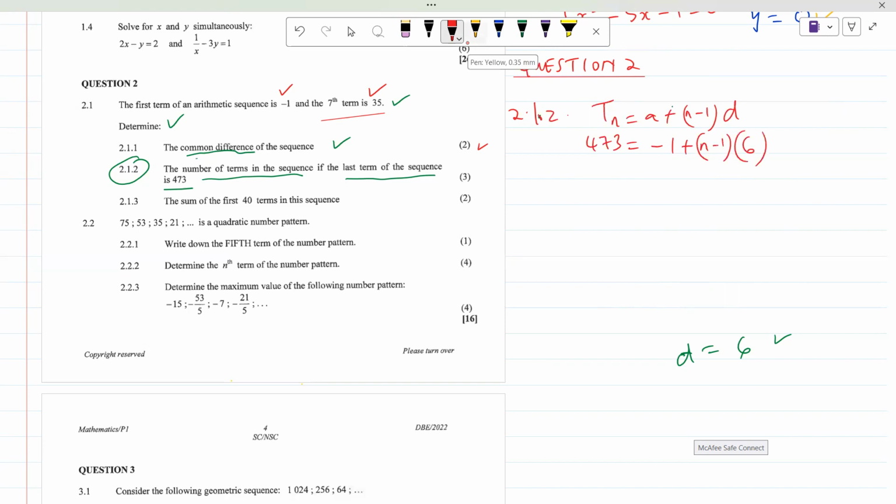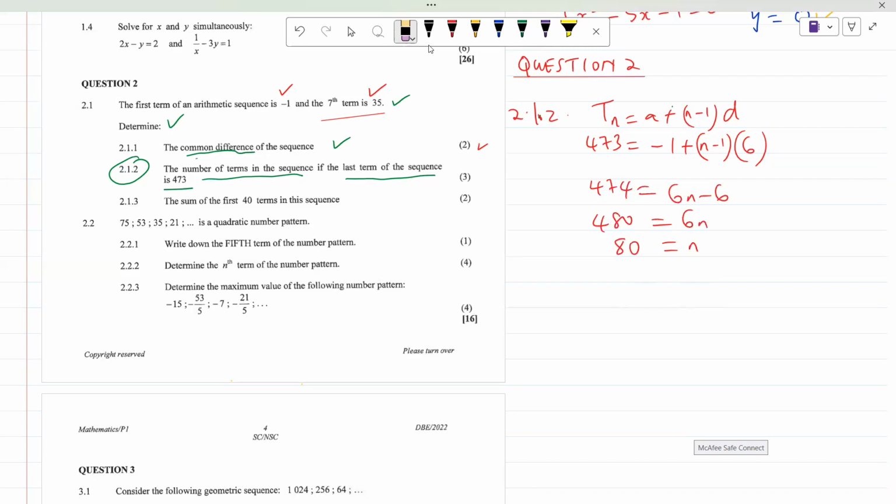You move the -1, it becomes positive, and then upon addition it gives us 474 is equal to 6n minus 6. You open up the brackets with the 6, then add the 6, it becomes 480. You divide through by 6. What is 480 divided by 6? It is exactly 80. So the number of terms n is 80. There are 80 terms.